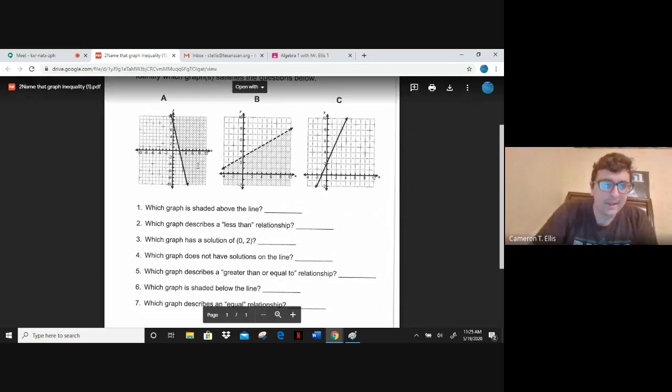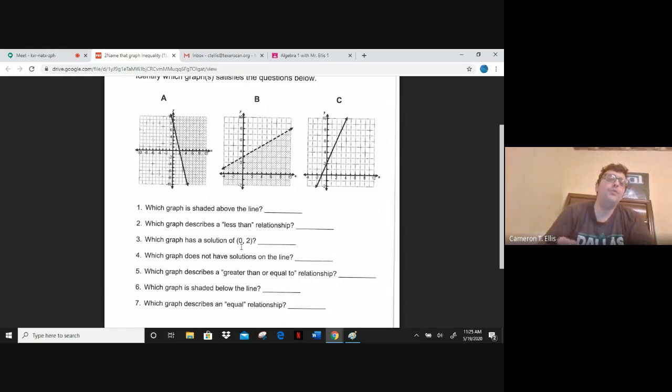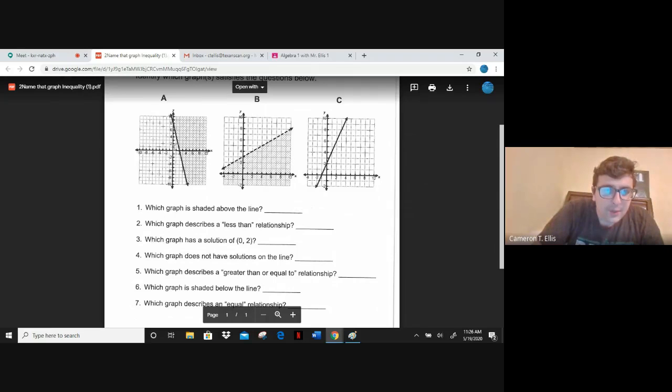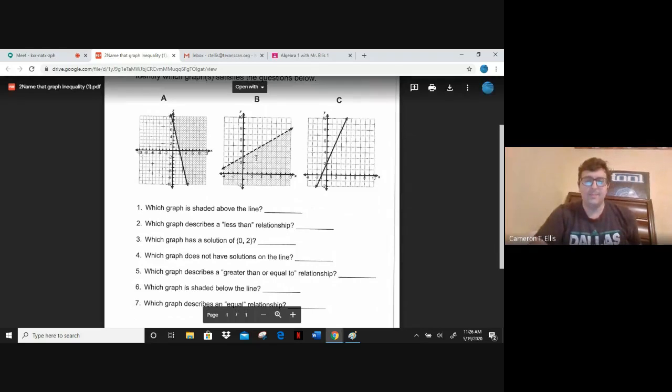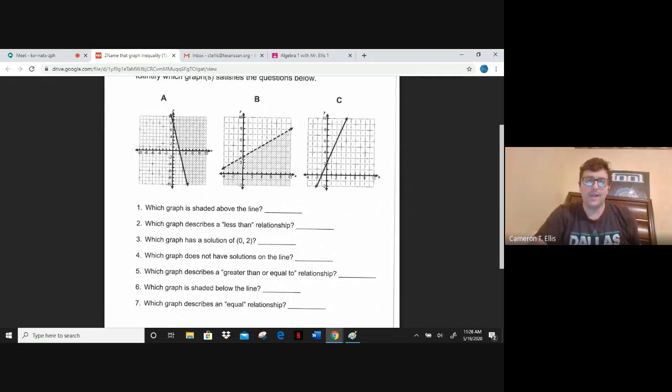So let's look at A, and let's just plot the point, right? (0, 2), what does that mean? 0 movement on my x value and 2 movement up on my y value, right? Because 2's to the right of the comma. (0, 2), it's going to be right here for A. Is that in the shaded portion, yes or no? And B, (0, 2), is that in the shaded portion?